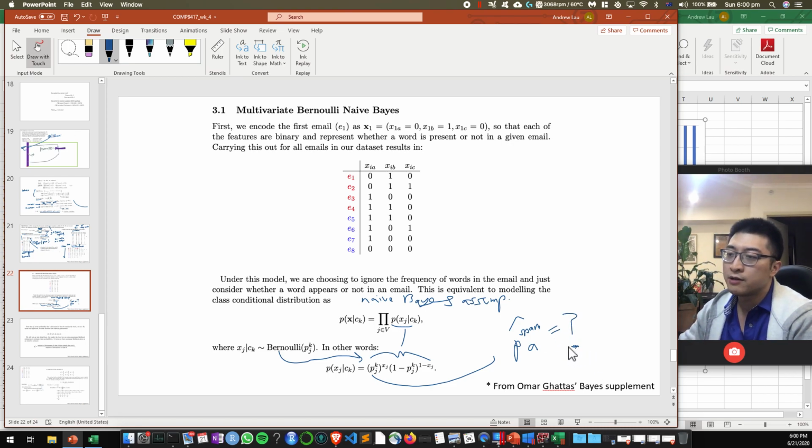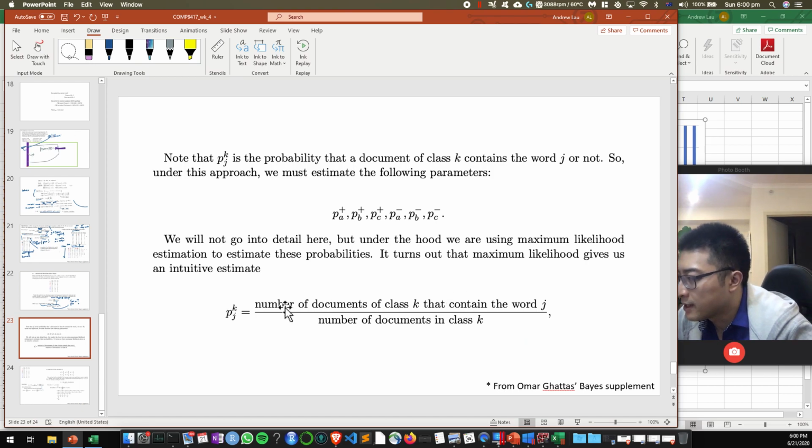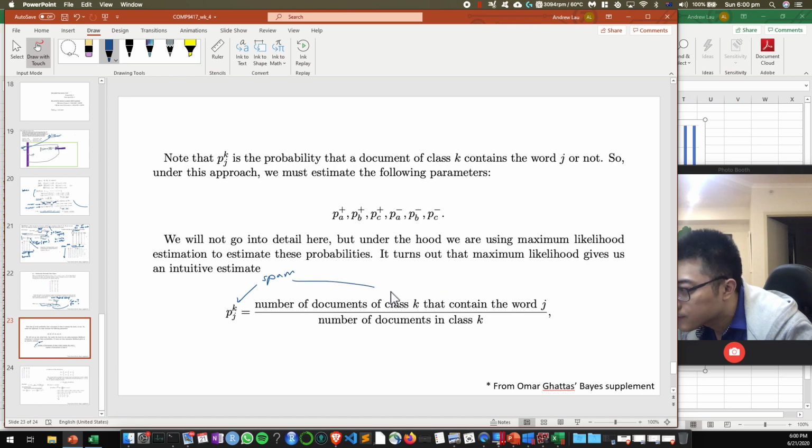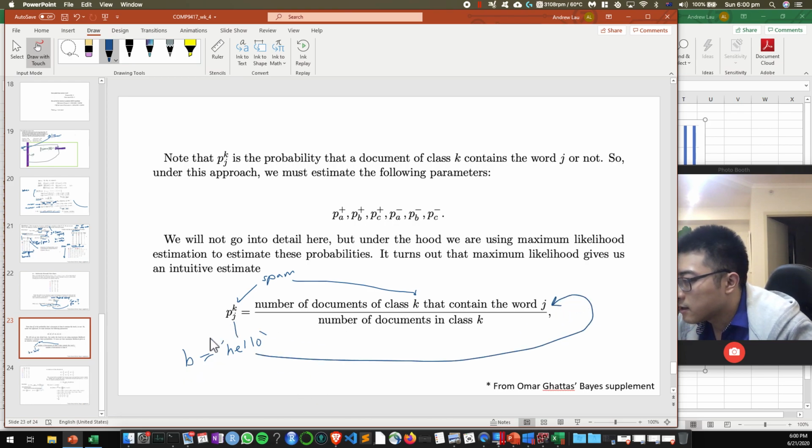Good question. The way we estimate it is empirical probabilities. So you look at all the documents that are spam, and then you look at the number of times that, say, the word hello, maybe it's word B, appears.